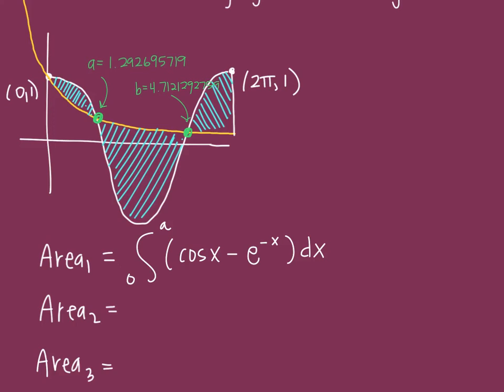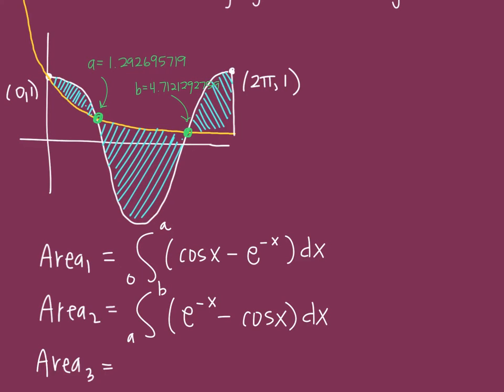For area 2, you would use the bounds a to b. So it's totally legit to use letters as your bounds as long as you've written down what the letters are somewhere else. For this second section, for area 2, the exponential is now the upper of the functions. What do you think would happen if you got the order of the functions wrong?